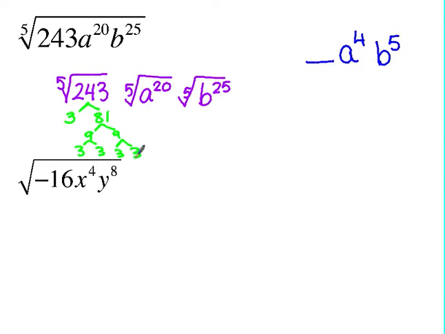So since that's a 5 outside, what do I take the terms out in terms of? Groups of? 5. Right? So if I notice here, I've got how many 3s? 5. So the 5th root of 243 is 3. So there you go. There's your final answer.